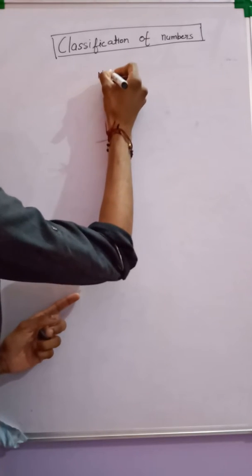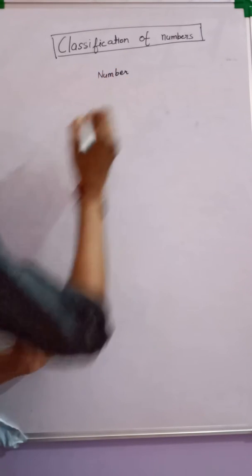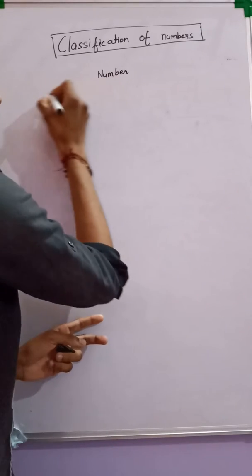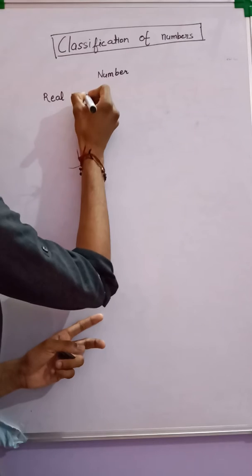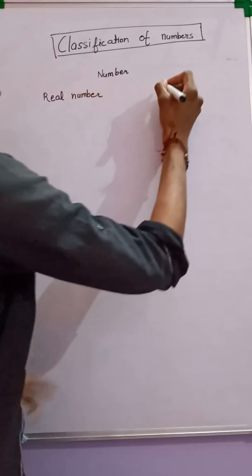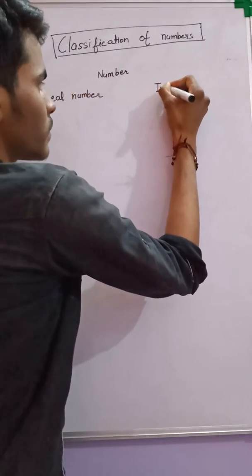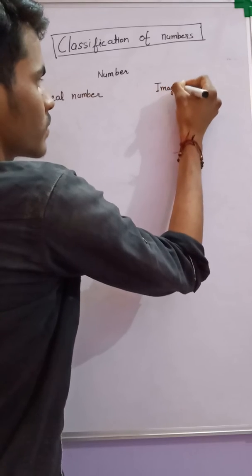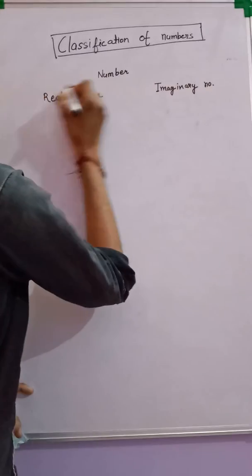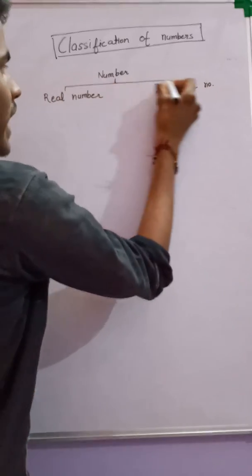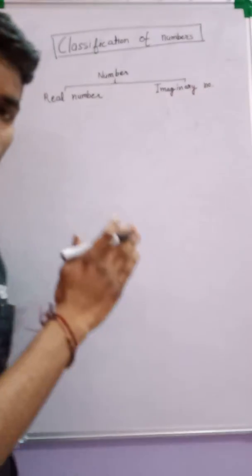Numbers generally are of two types: real number and imaginary number.